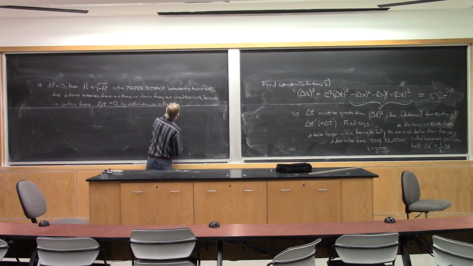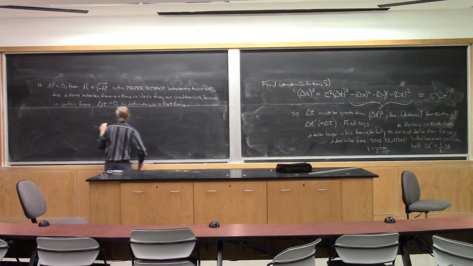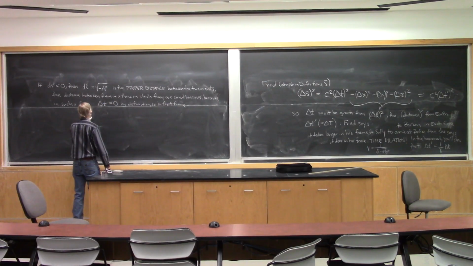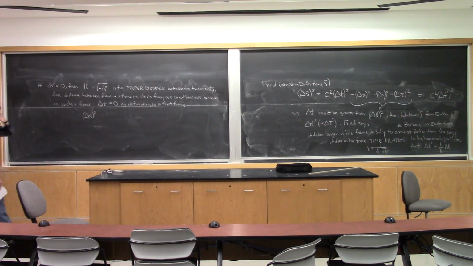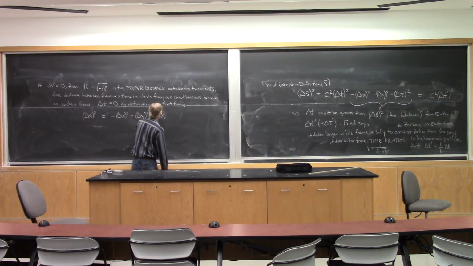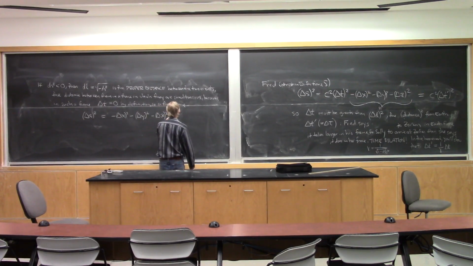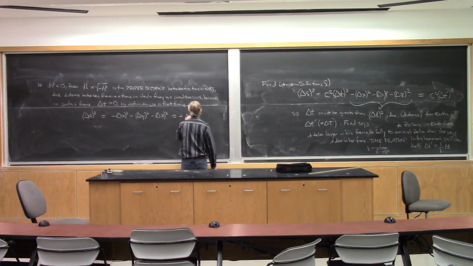So in that frame, and again, I'll let it be delta s here. I can make it ds still if I wanted, but delta s squared is equal to minus delta x squared minus delta y squared minus delta z squared equals minus delta L squared.